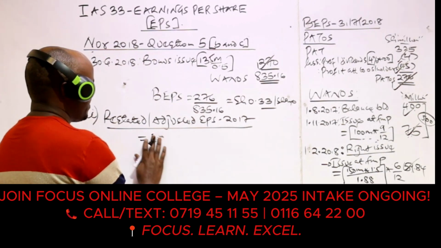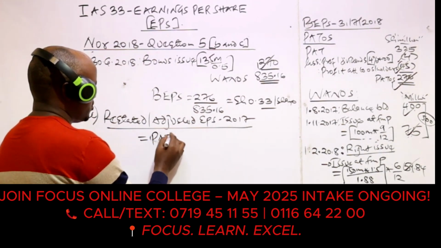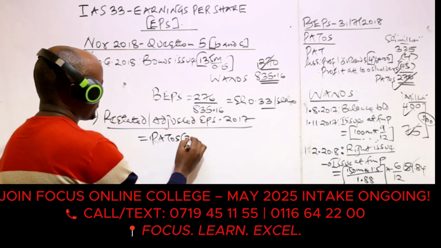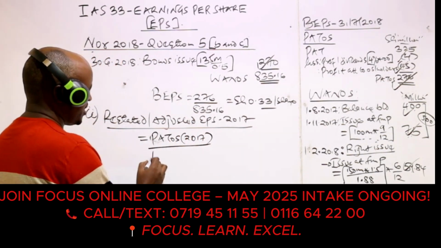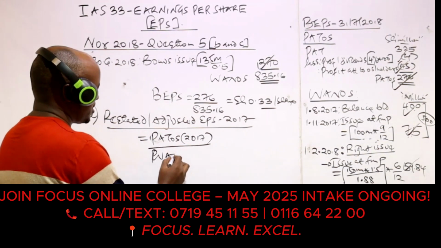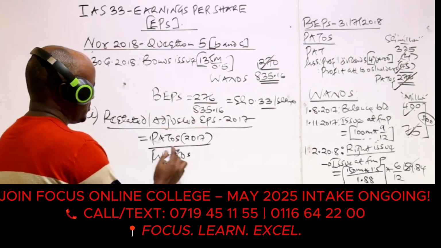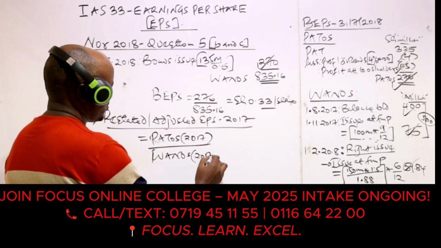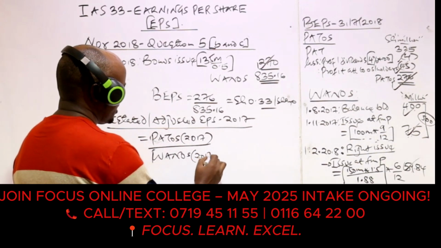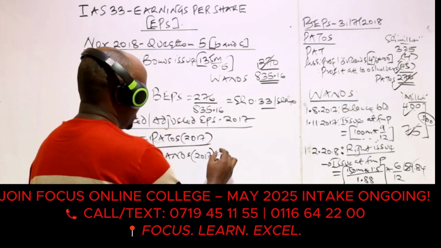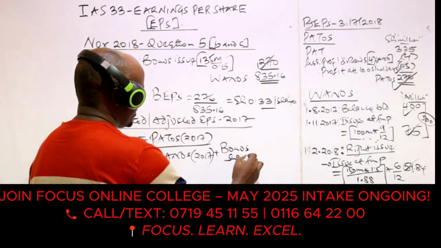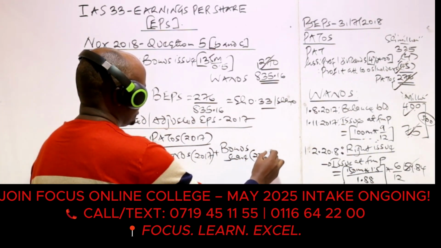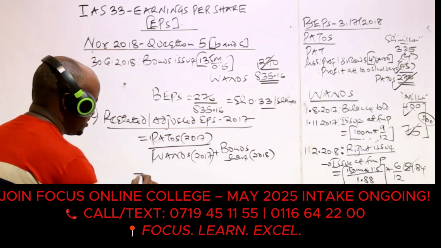So how do we compute this? We take the PATOS, the profit attributable to ordinary shareholders for 2017. We divide this with the weighted average number of ordinary shares, still for 2017. And then to this we add the bonus shares which were issued in 2018.